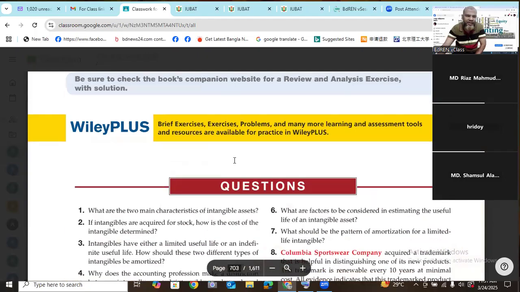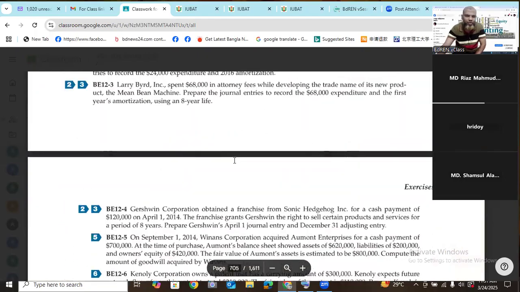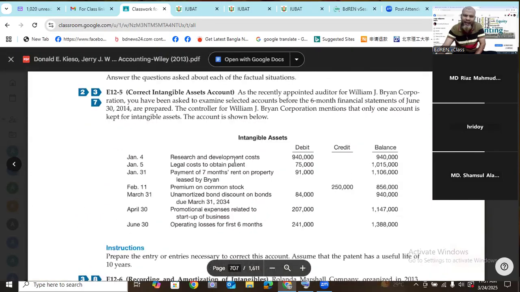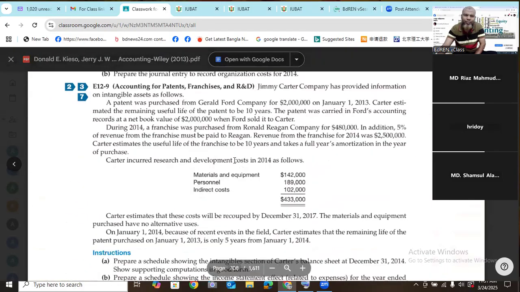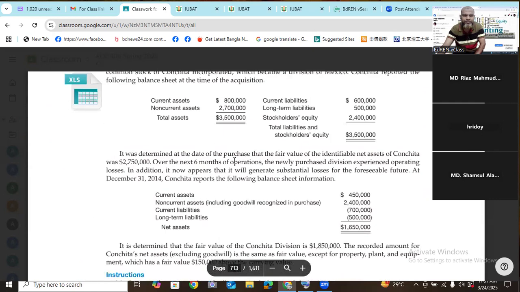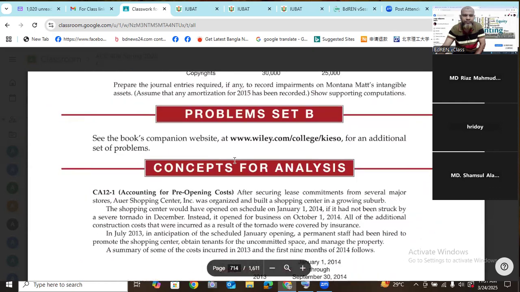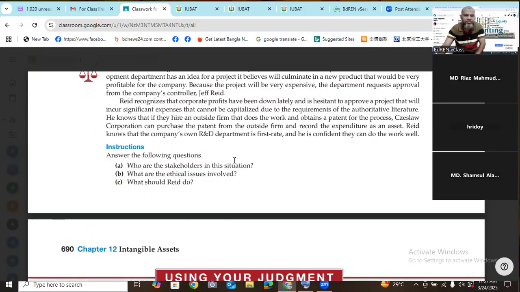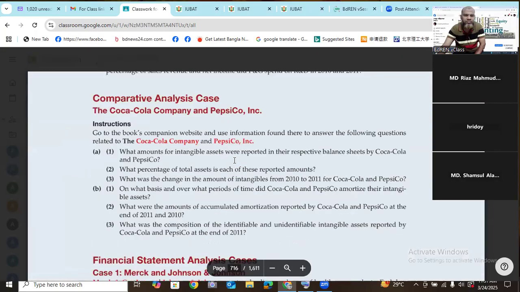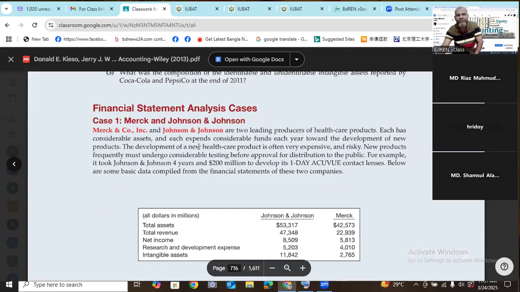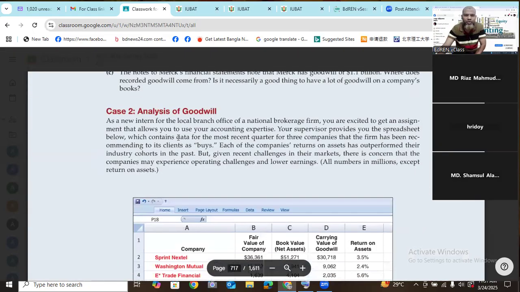After that, when our university opens after its vacation, we will do some exercises, and most importantly, we will do one case regarding impairment. There is a case here, case 1, case 2. This is case 1, and this is case 2, analysis of goodwill.